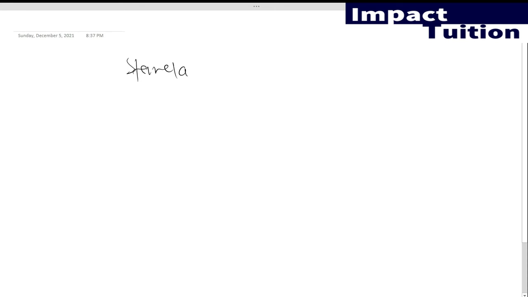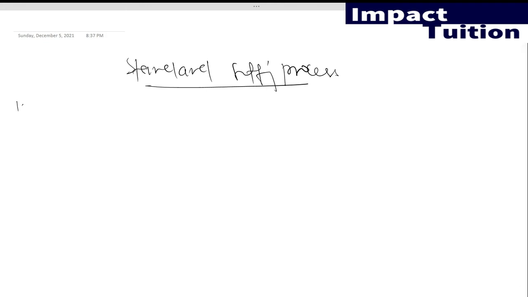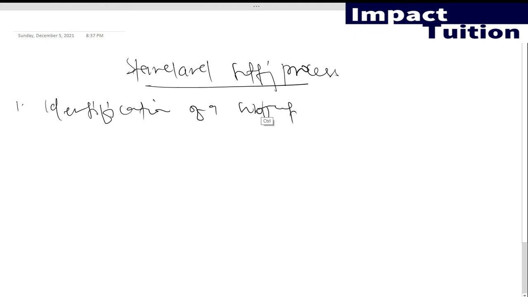Standard setting process. Number one, a subject is identified as being appropriate for a new or revised standard. So, identification of a subject.